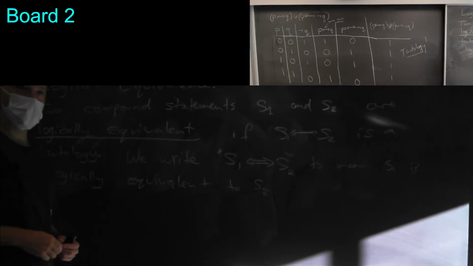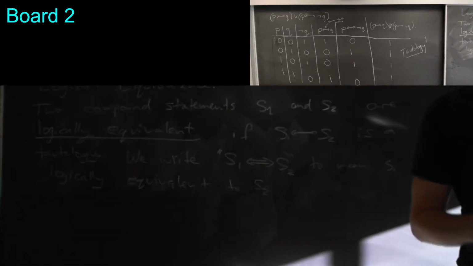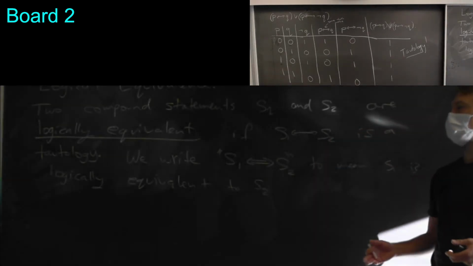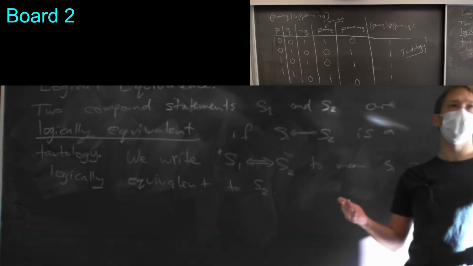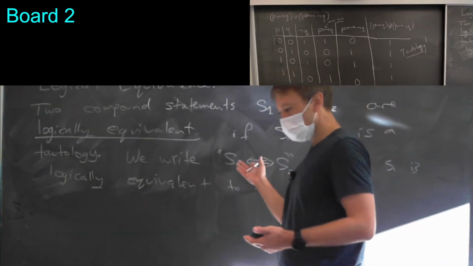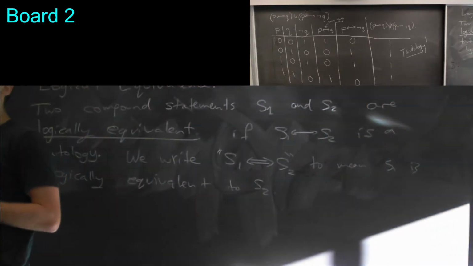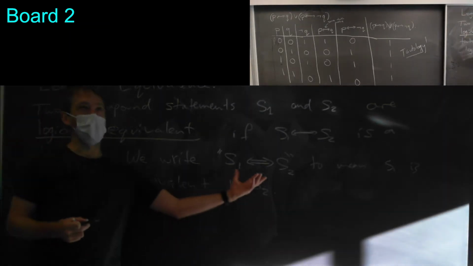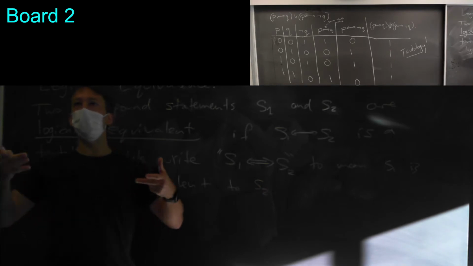This might sound weird, but the way you should really think of logical equivalence is like equals. S1 and S2 might be two different compound statements that look different, but if they're logically equivalent, then they really mean the same thing.